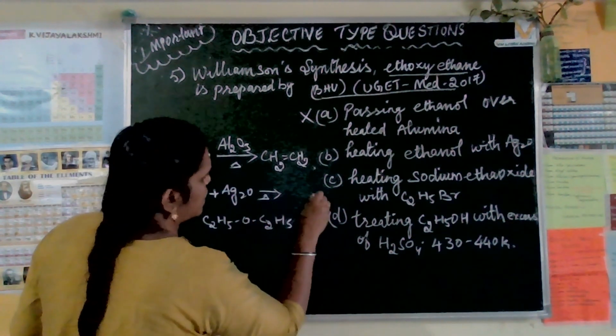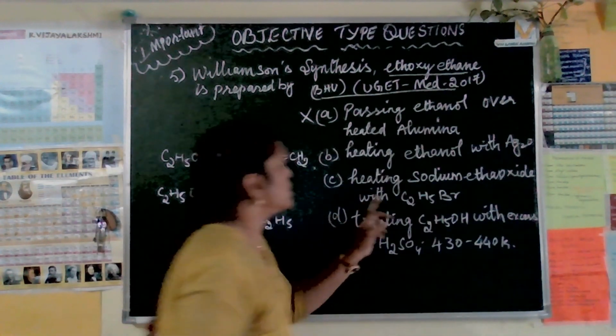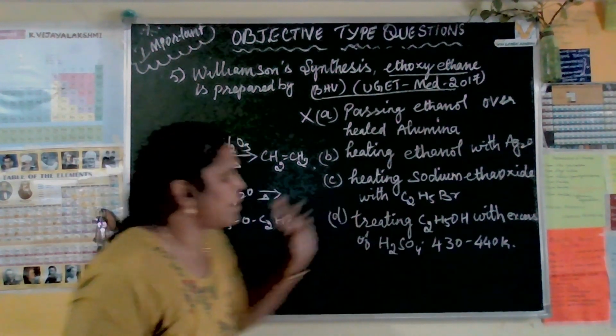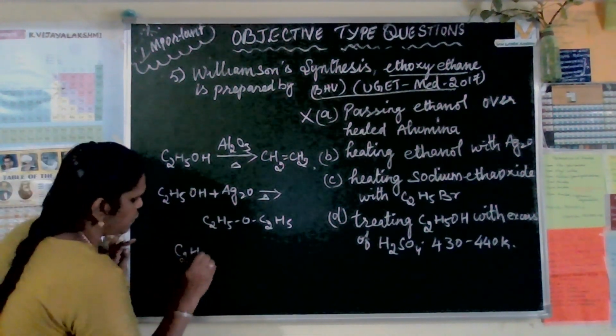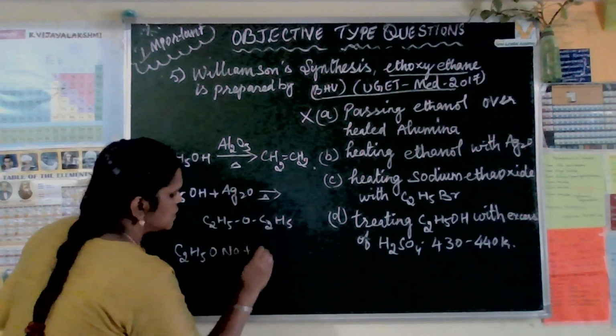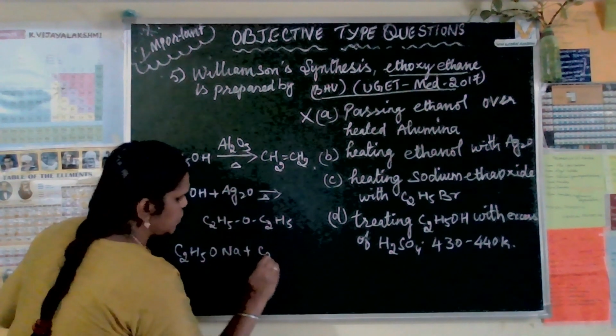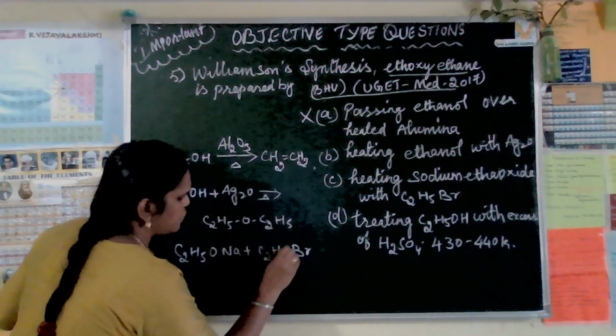Let us check the third one: heating sodium ethoxide with ethyl bromide. Sodium ethoxide, C2H5ONa, combined with C2H5Br.